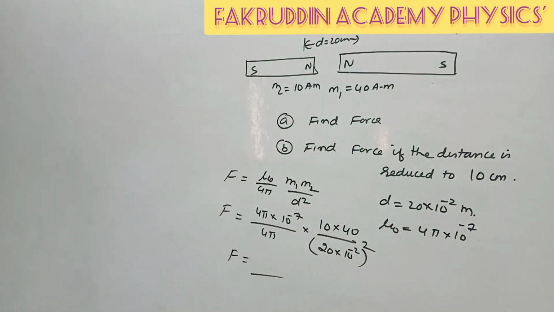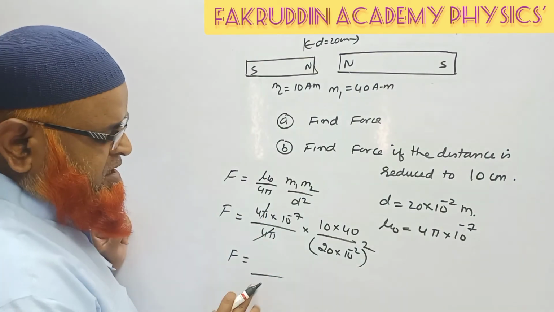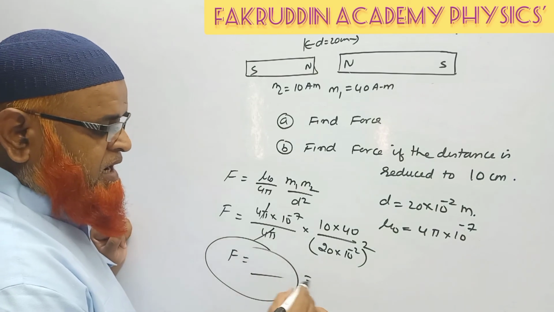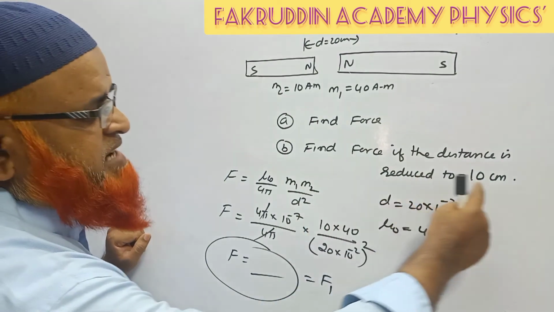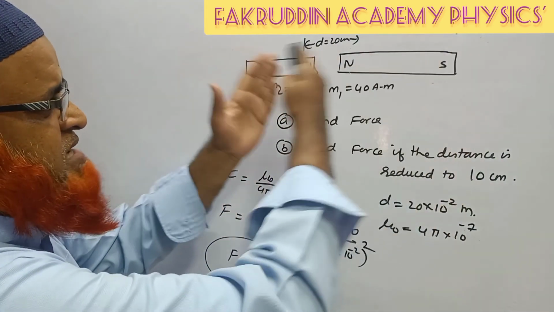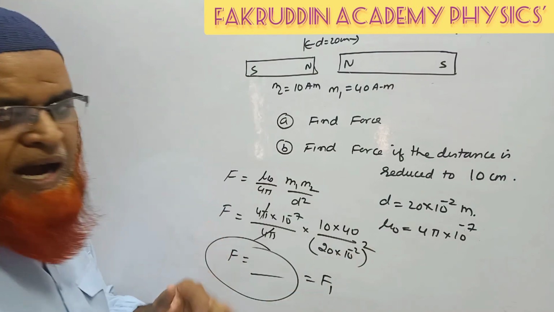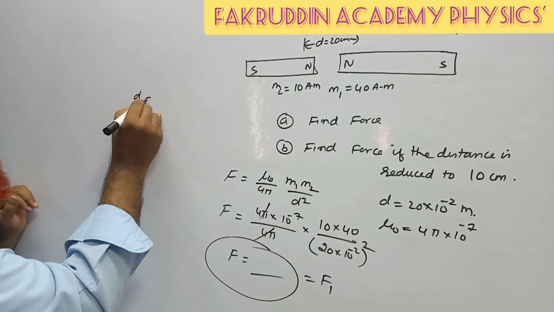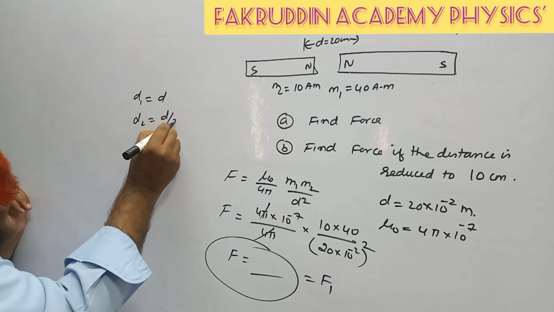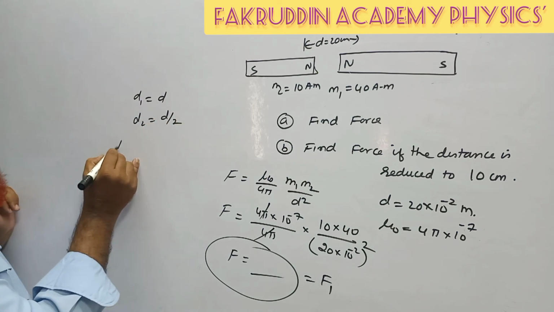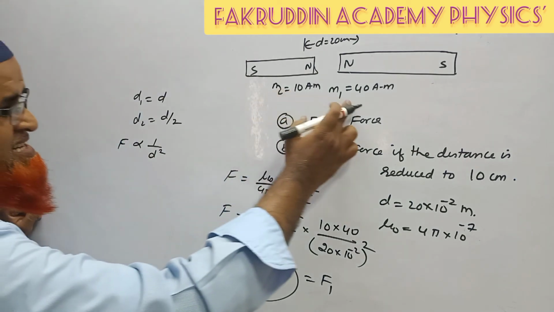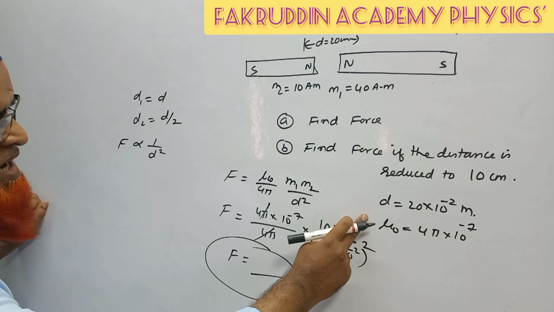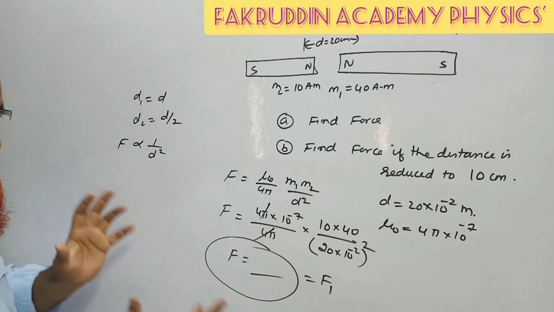Once you get this force, let it be F1. Then find the force when the distance is reduced to 10 centimeters. The distance is reduced to half, so d1 is d and d2 is d by 2. The force is inversely proportional to distance square, and pole strengths are the same, only the distance is reduced.